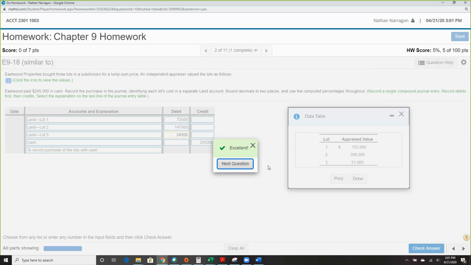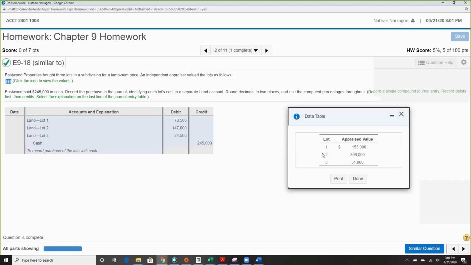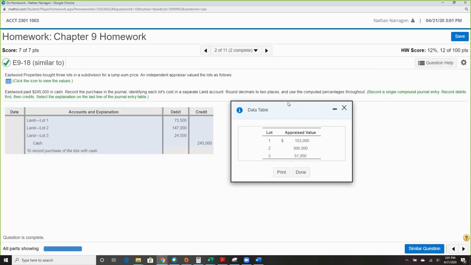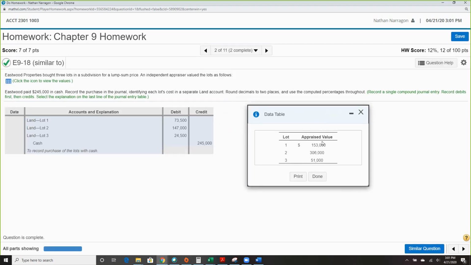Okay. Any questions of how I did everything? Okay. At 510, that's the total of the appraised value for each of the lots. Okay? So all you have to do is add up the lots.